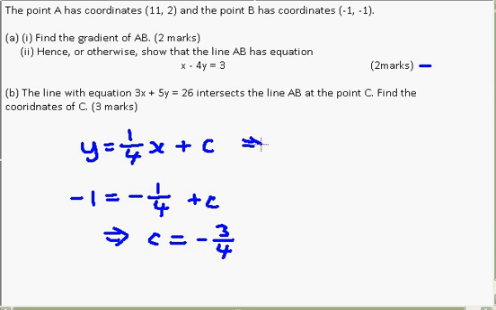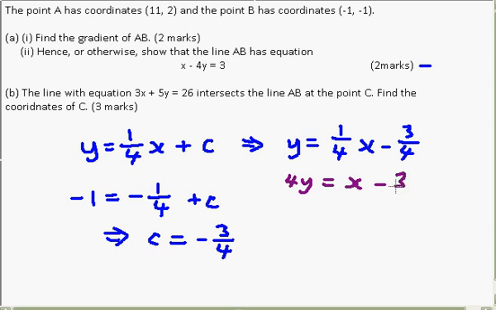So that means that our original equation is y is equal to 1/4 x minus 3/4. But I've got to get it into this format as shown in the question. Okay, so I'm going to change colour here just to confuse everyone, and I'm going to multiply everything by 4. That'll get rid of the fractions. So I'm going to have 4y is equal to 1x, or just x, take away 3.